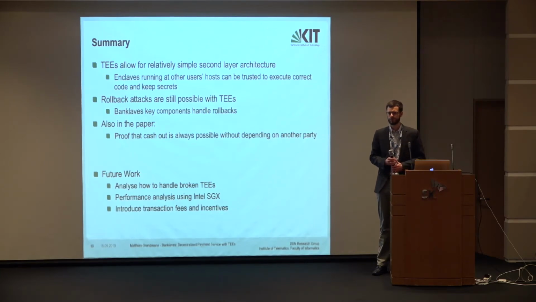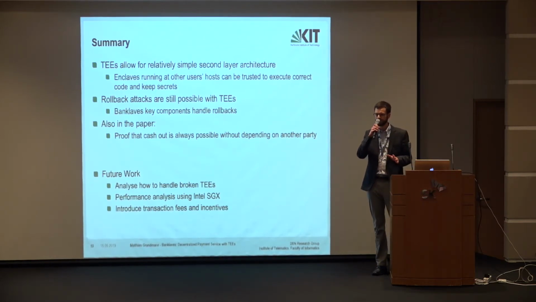I'm not that familiar with TEEs, so it sounds like as long as we can guarantee the accuracy of the TEE, it will somehow function like a Deus Ex machine. I don't have that much knowledge about TEEs, so could you answer that question?